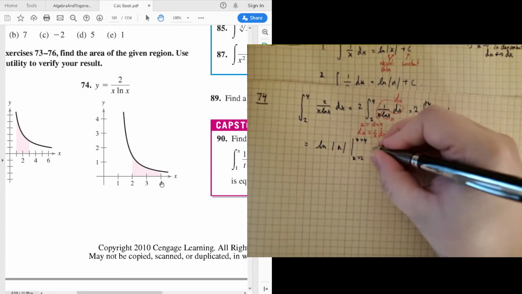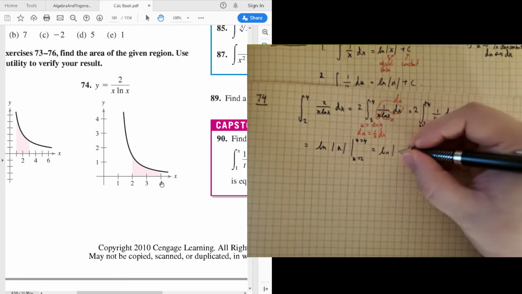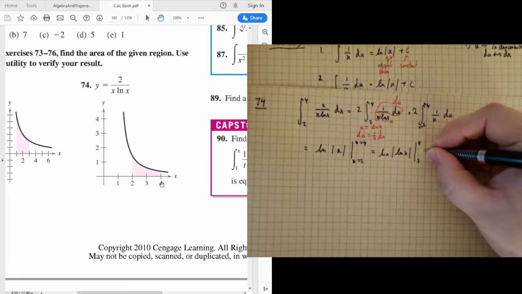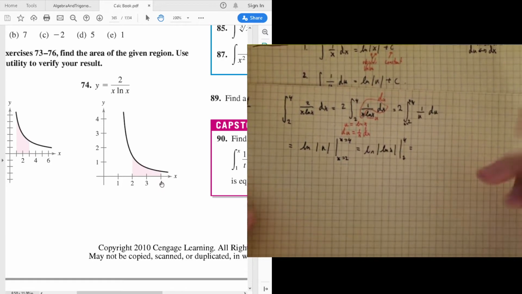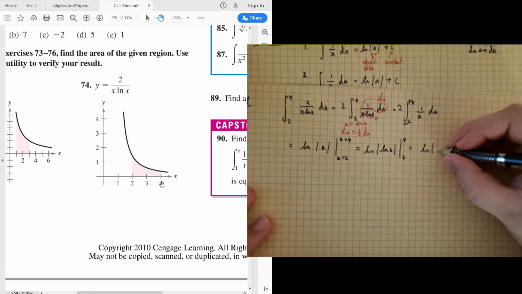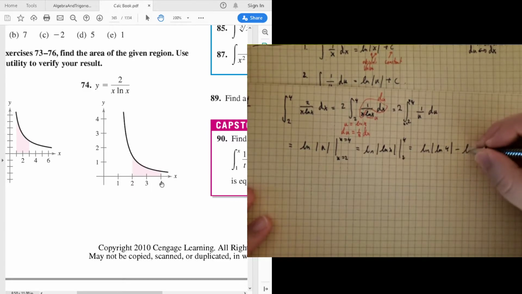Now I plug in the u as an x, so that way I can actually evaluate ln of the absolute value of ln of x, evaluated from 2 to 4. And then I just plug in and get an answer. So from here, I would get ln absolute value, ln of 4, minus ln absolute value, ln of 2.